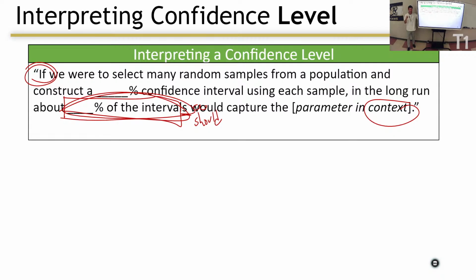That's hard for a lot of students to accept, and it's hard for us. There's a 95% chance? No, that one interval is not a 95% chance. If that one interval is part of 100, there's a 95% chance that it would be part of the ones that capture it. So it starts to get a little confusing, but as long as you remember this all together, you'll be okay.